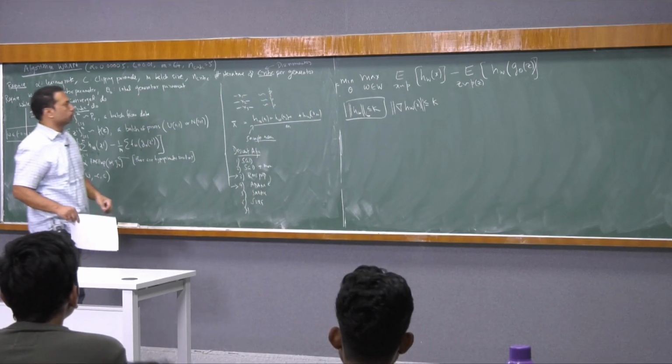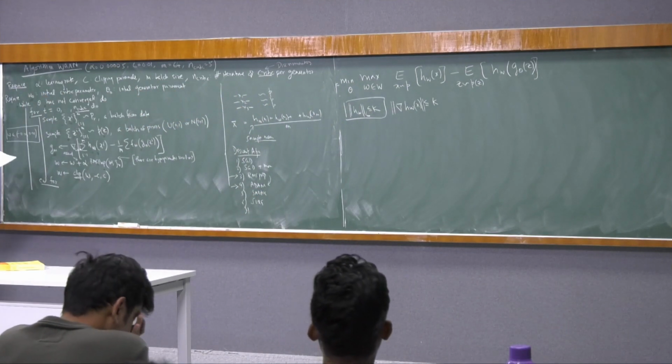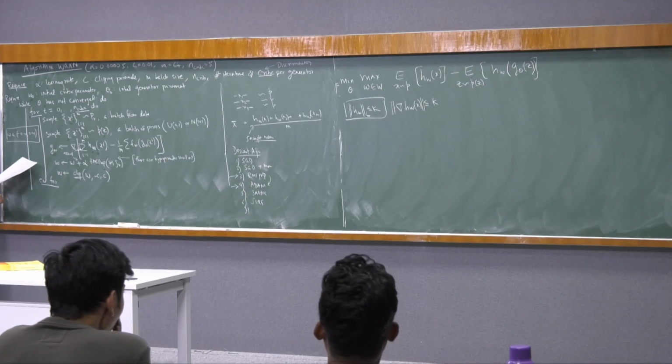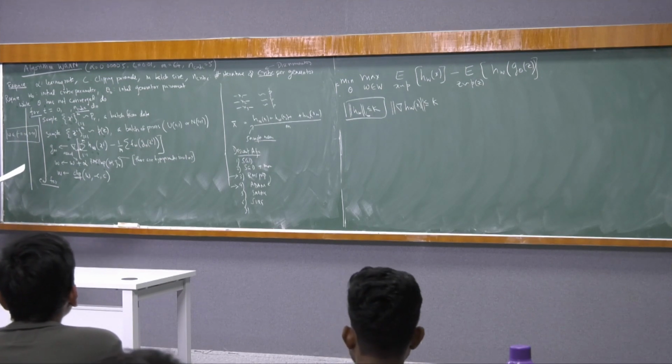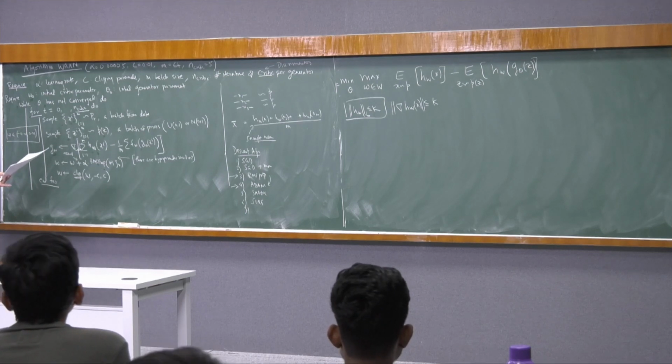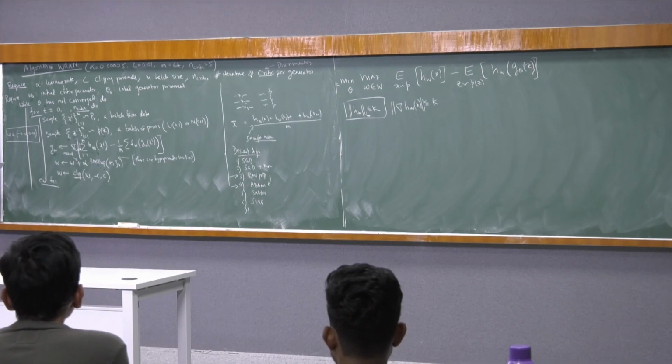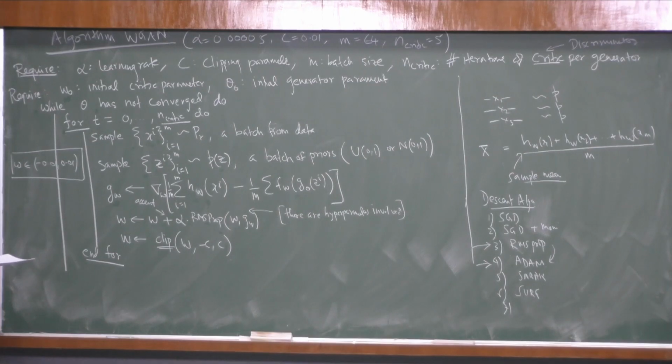Apply some chain rule and so on. So for the second term, we only need random samples for the generator, because computing the expectation needs only Z, and Z is the fake data. So we will only sample m fake data again.